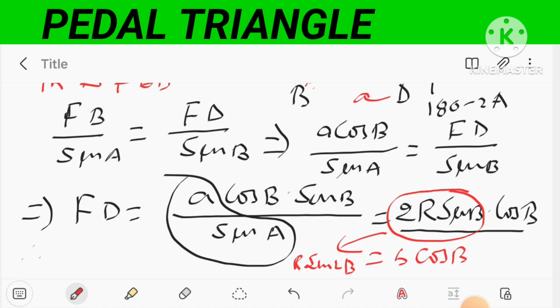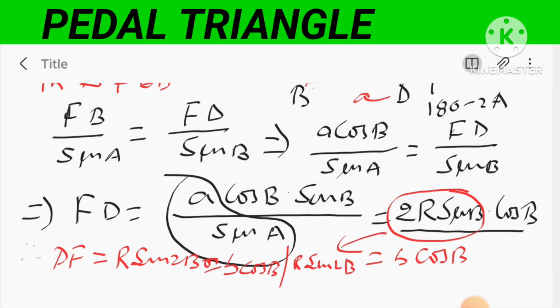Therefore DF is equal to R sin 2B or equal to b cos B.